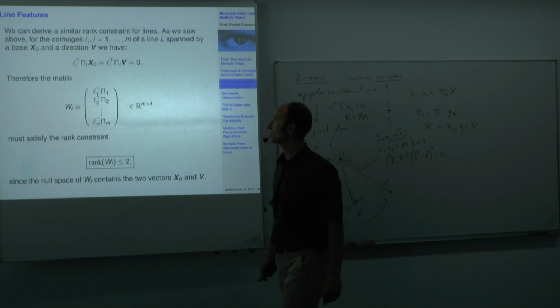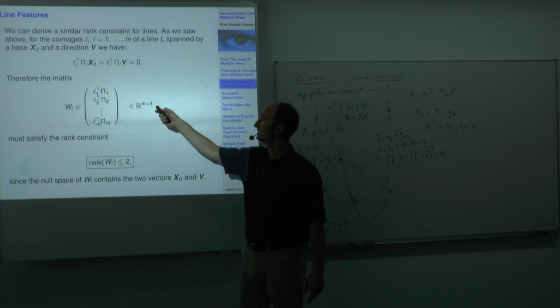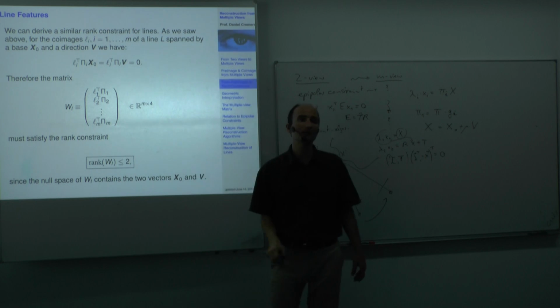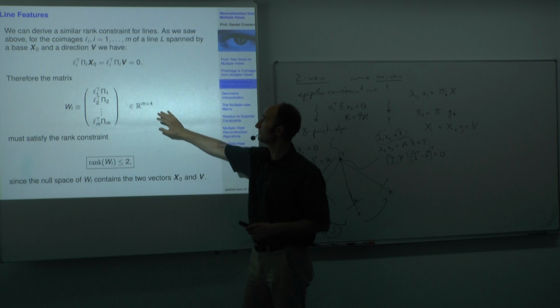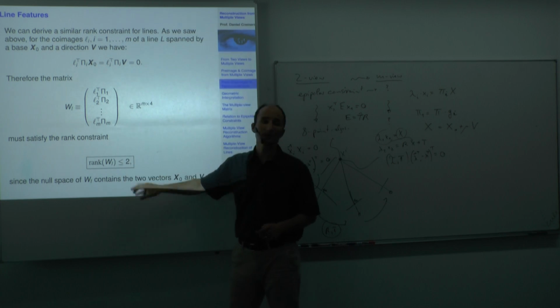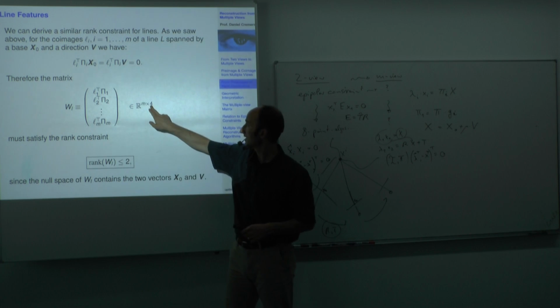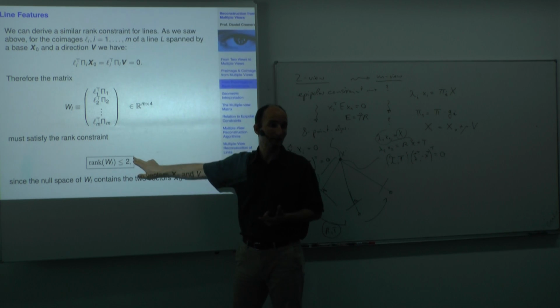And so I know there are two non-trivial, linearly independent vectors that live in the null space of this matrix. And that tells me that the rank of this matrix, if I have a consistent reconstruction, must be less or equal to 2. It is rank deficient. It can have at most a rank 4. If the null space is two-dimensional, then the rank must be 2.